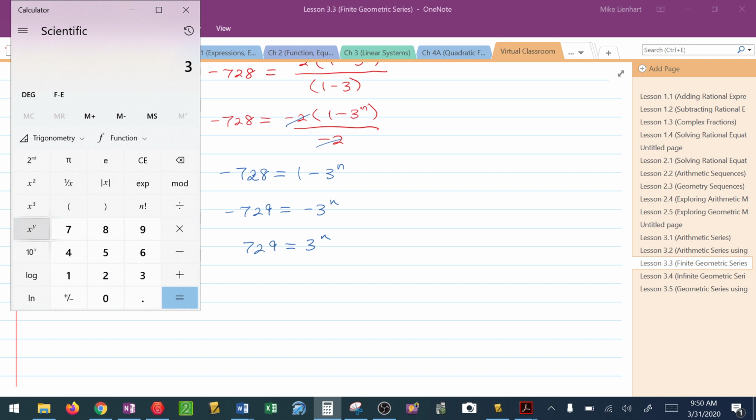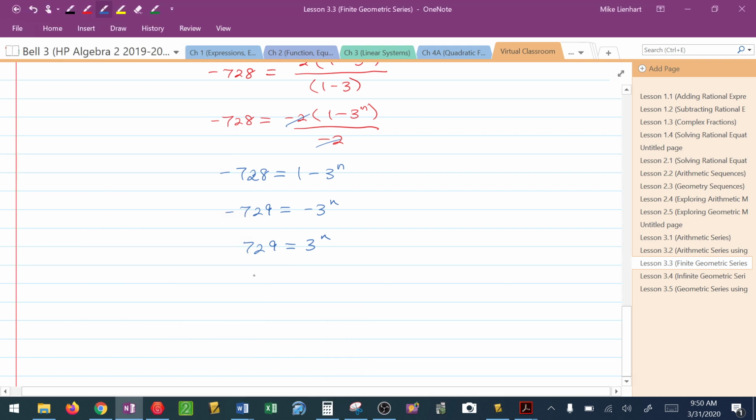How about 5? Nope. Okay, how about 3 to the 7th? Nope. How about 3 to the 6th? Yeah. So that's going to give me an even power. I was wrong in my assumption. But I do know 3 to the 6th is equal to 3 to the n. So therefore, n has to be 6.